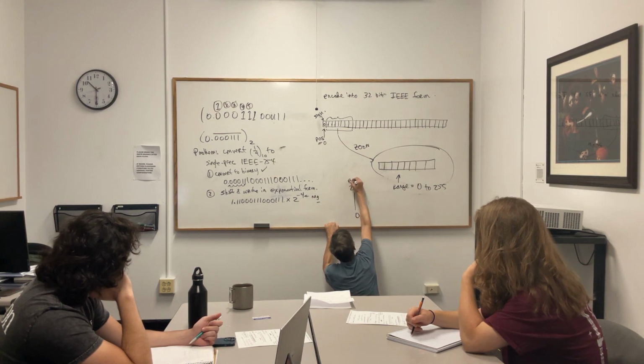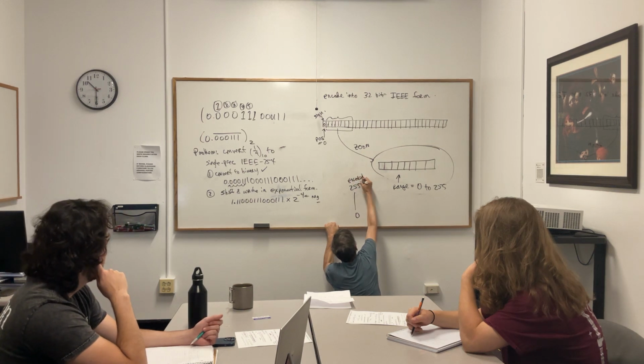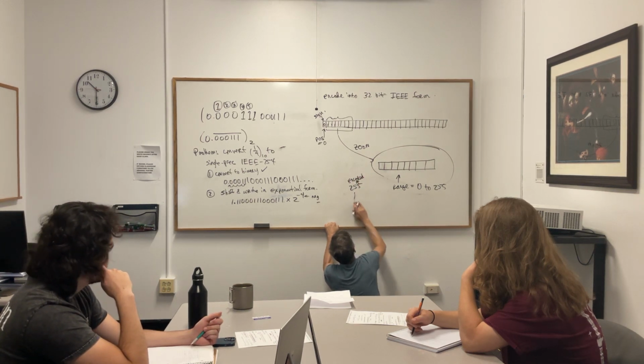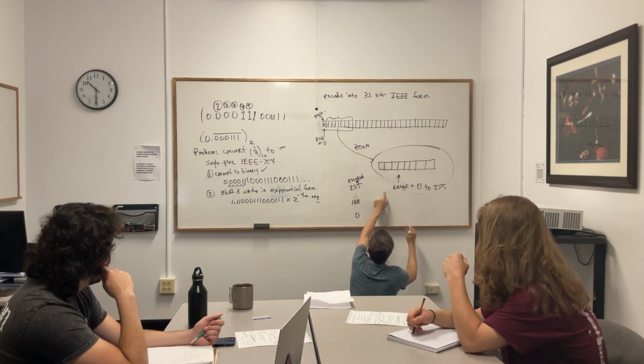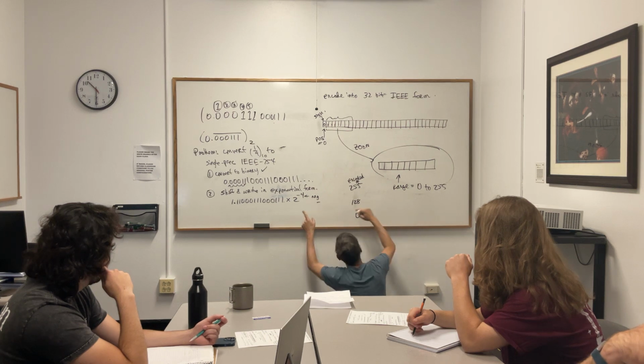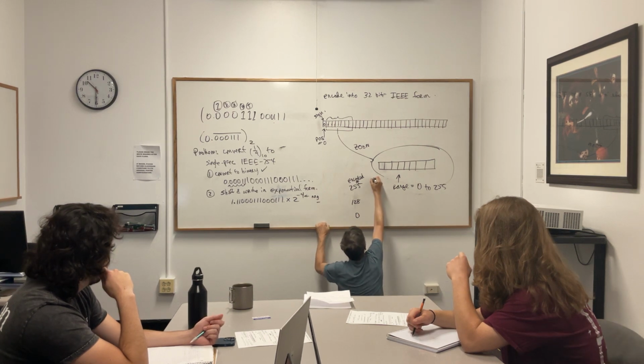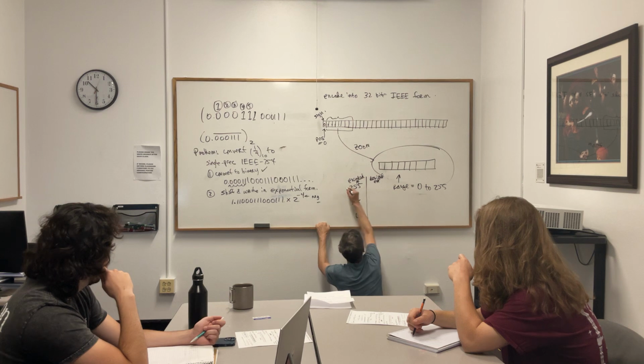So this is the encoded number, but what it represents is a different exponent with 128 added to it. This is the encoded number, and this is the desired exponent, which I'm going to put in this column right here.